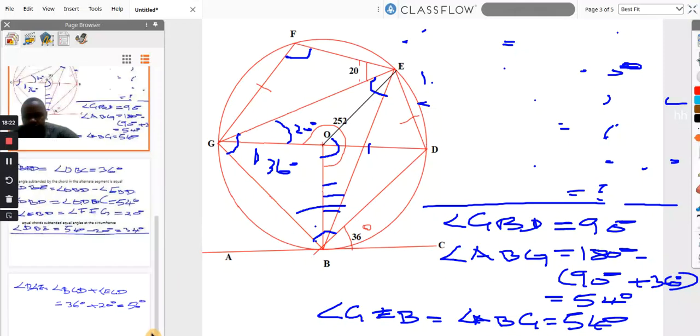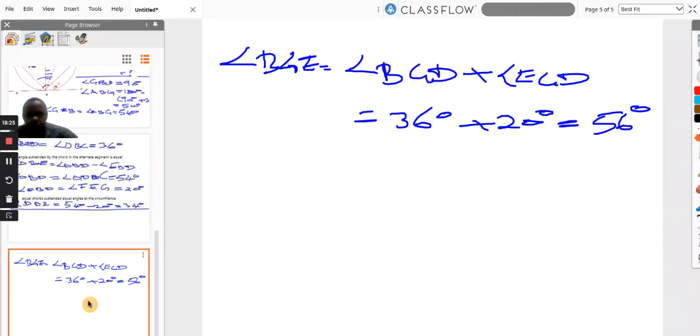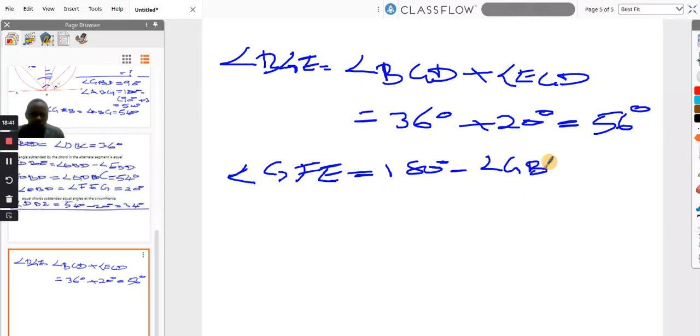So if you want to get that angle now, you can say angle GFE is equal to 180 degrees minus angle GBE. You can say that the sum of opposite angles of a cyclic quadrilateral is supplementary. You can give that one as a reason.